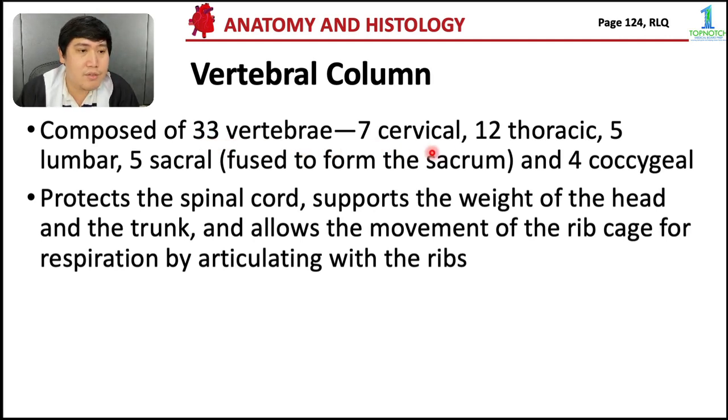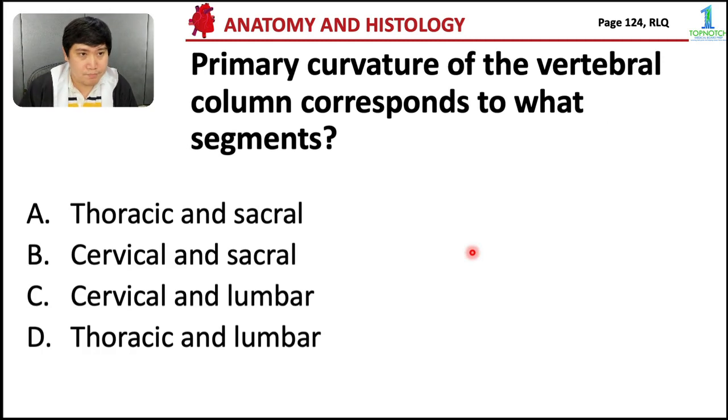You have 7 cervical, 12 thoracic, 5 lumbar, 5 sacral, which will eventually fuse, and 4 coccygeal, which will also eventually fuse. In terms of function, it protects the spinal cord. Your cervical spine will support the head. Your thoracic and lumbar will support the trunk. Your thoracic spine will allow movement of the rib cage.